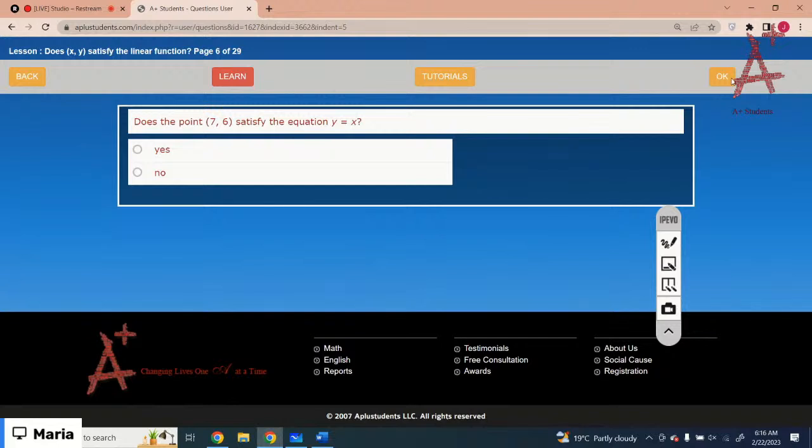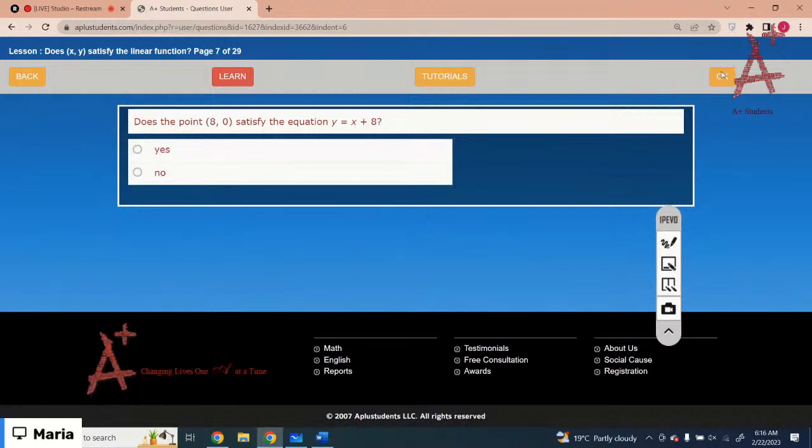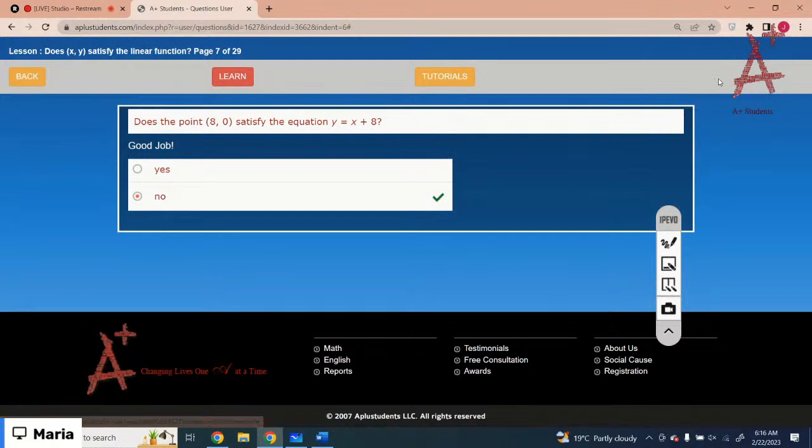So the answer is no. Okay, the next one is, does the point (8, 0) satisfy the equation? The correct option is no, it doesn't satisfy the equation. Got it? You can do the question in your notebook and you can check, the correct option is no.